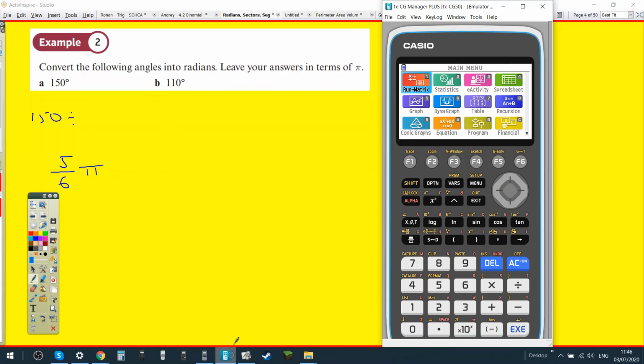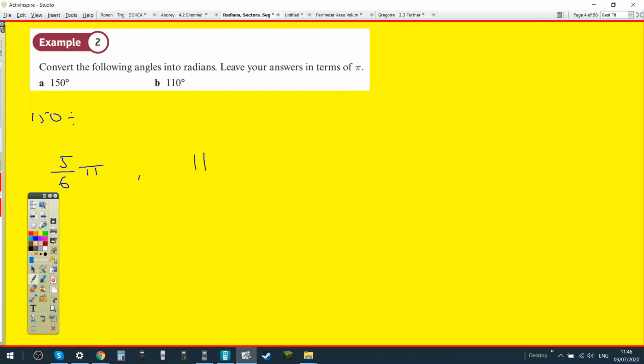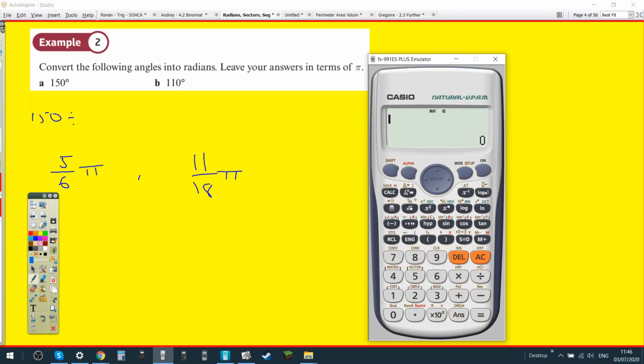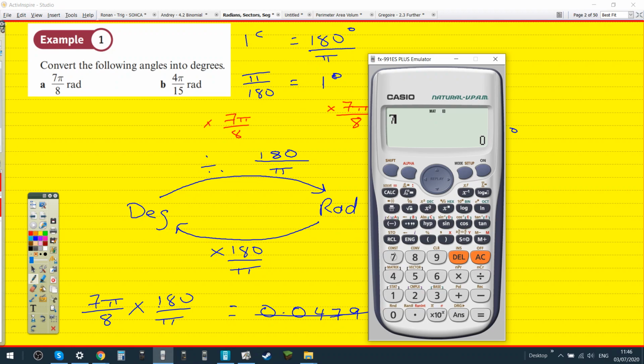And second one. Here I got 11 over 18 pi. Okay, 11 over 18 pi. Hang on a second. Let me go back to my old reliable. So we're in degrees. This one's 7 pi over 8. Oh, what mode am I in?